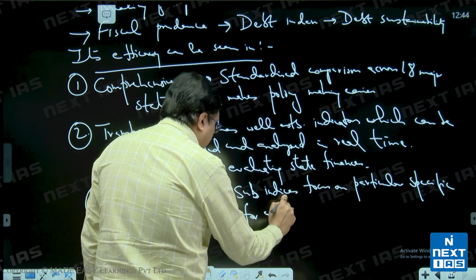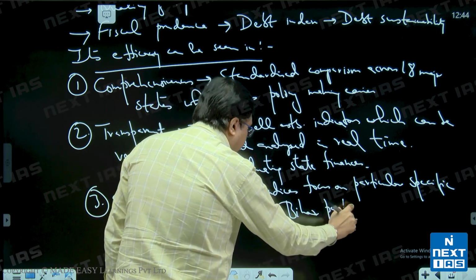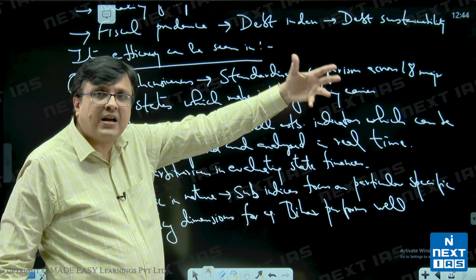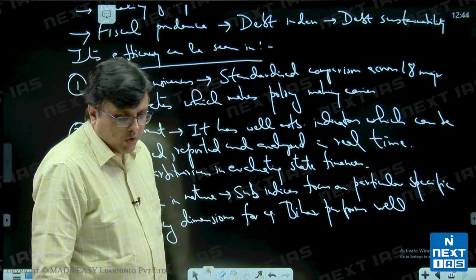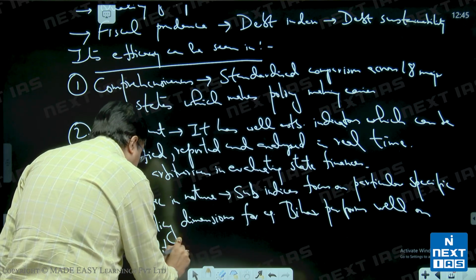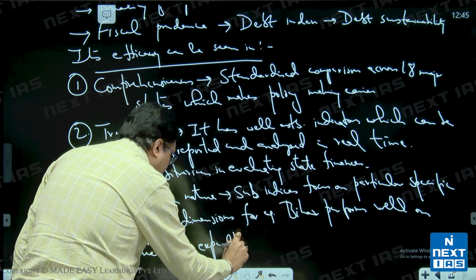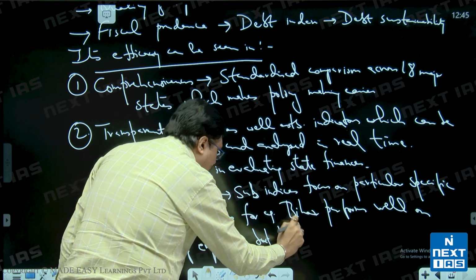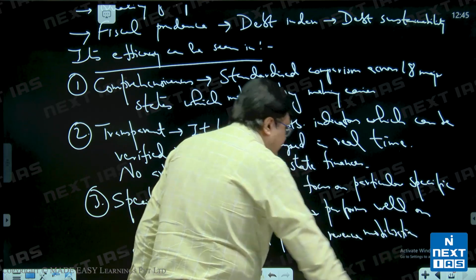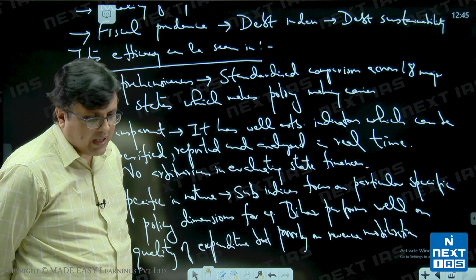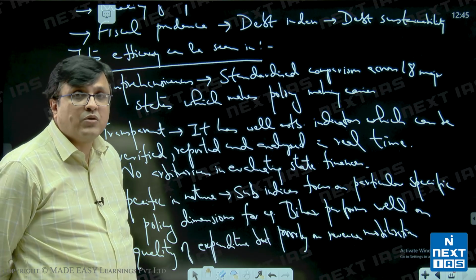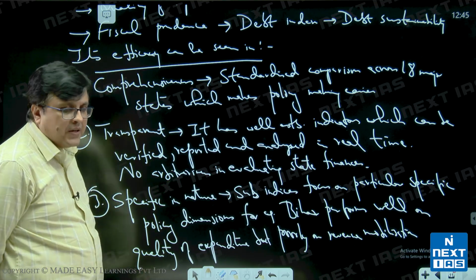For example, Bihar performs well on quality of expenditure, but poorly on revenue mobilization. So inter-state policy decisions can also be made, since a state may be doing well in one place and badly in another. We can give such examples if we remember them. Or Kerala allocates heavily to social welfare expenditure but struggles with debt sustainability.